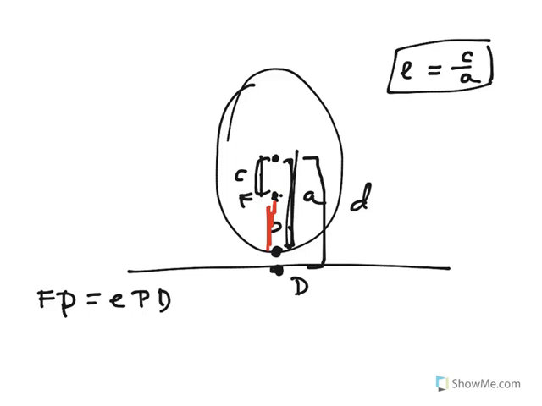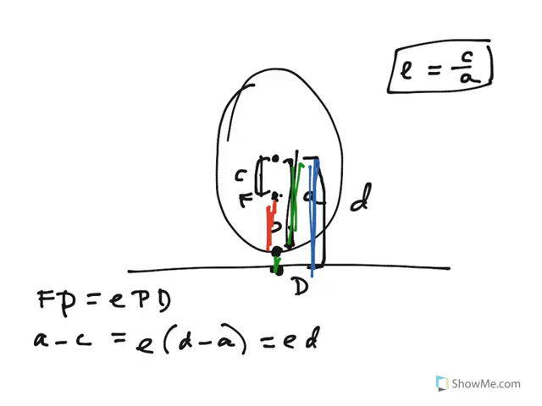So I can replace that with a minus c. And PD is from here to here. Well, that's just the same thing as, here's d and here's a, so it's the same thing as d minus a. Distribute that E through, Ed minus Ea.